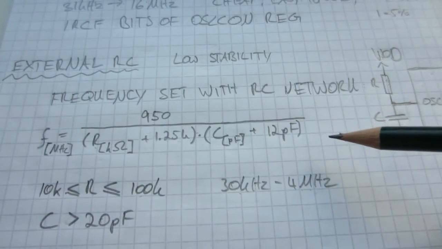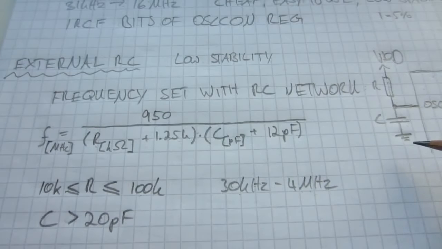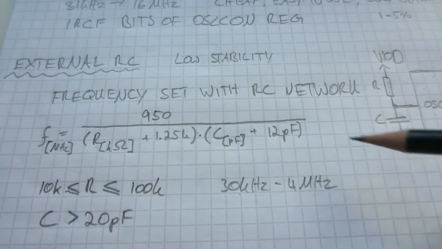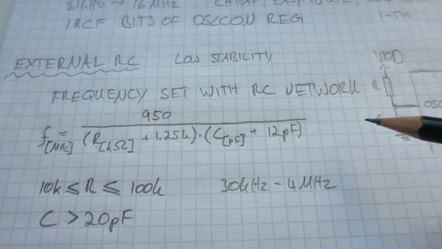So again, it's low stability because the values of the resistor and the capacitor are going to change over the temperature range, but it allows for a more flexible clock frequency selection, so you can clock it down to 30 kilohertz, which is very low and might be saving a lot of power in a low power mode.